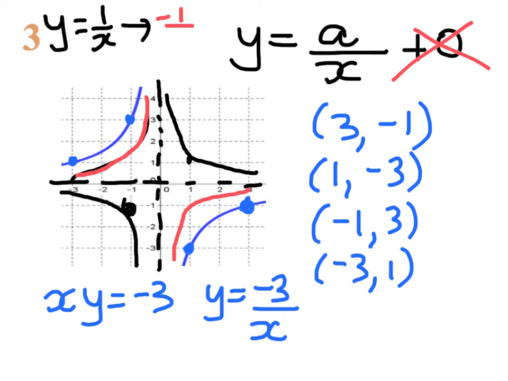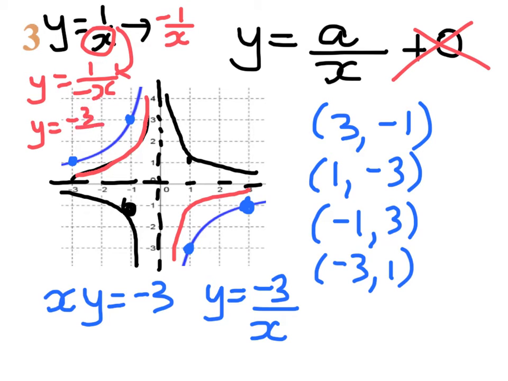And when we want to do a reflection in the y-axis, we get that by actually making this negative. So y equals 1 over -x. Means I'm going to reflect my basic form in the axis. Then the next thing that happened is it got stretched to y equals negative 3 over x.